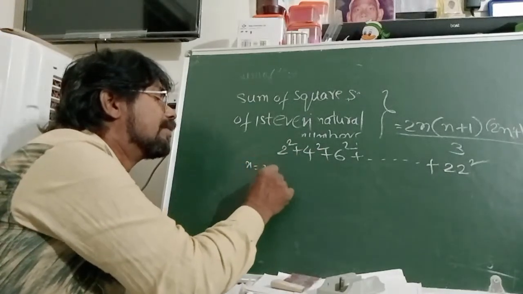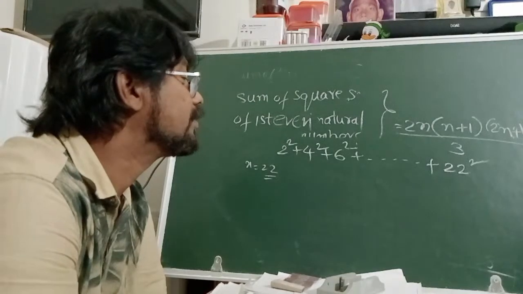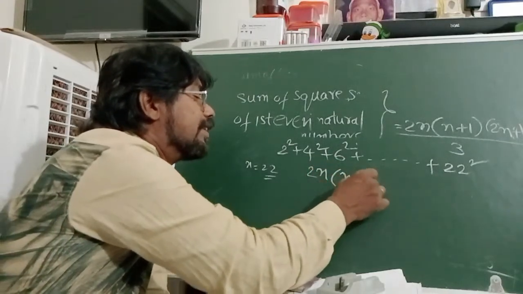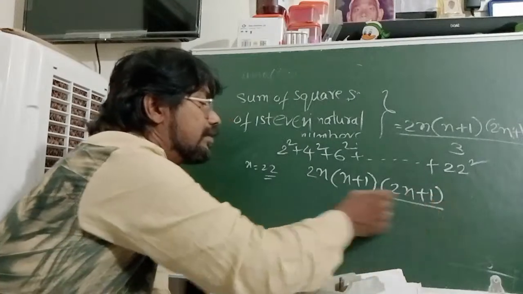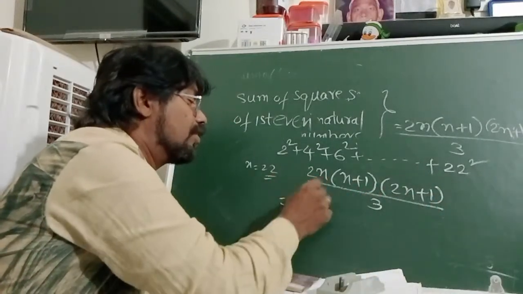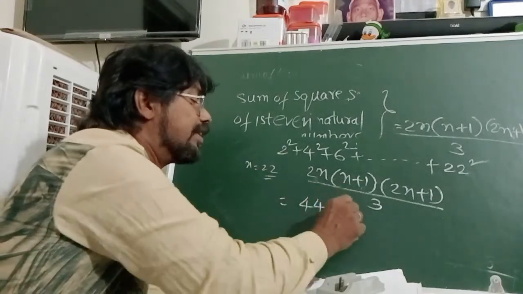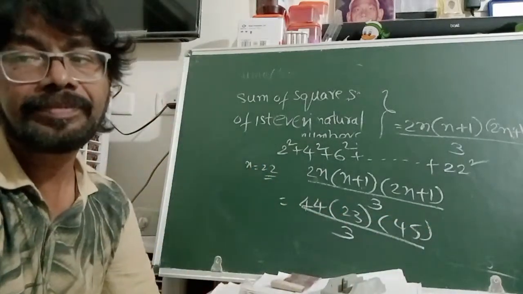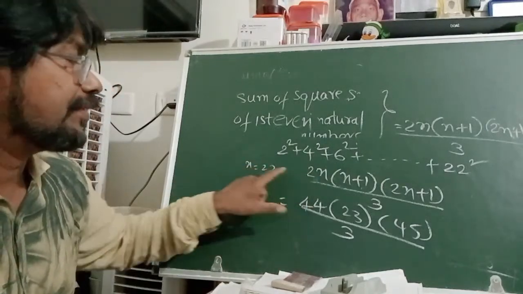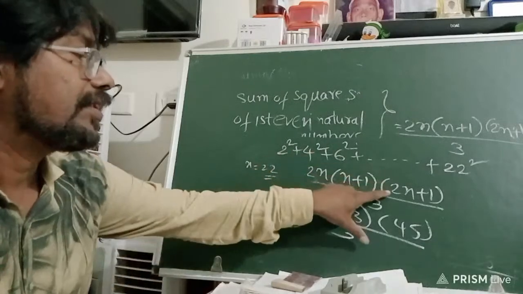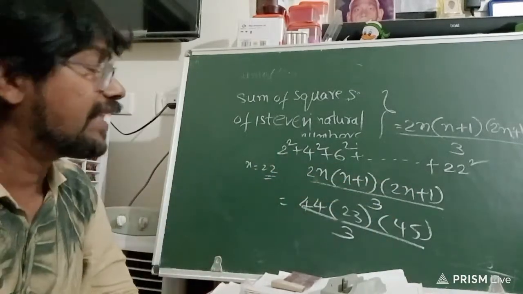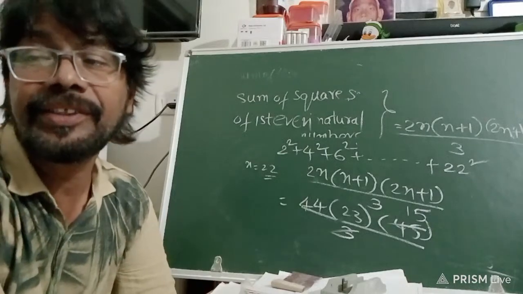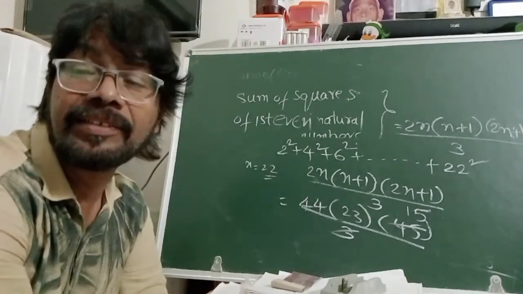So n is equal to 22. So 2n into n plus 1 into 2n plus 1 by 3 is equal to 44 into 23 into 45 by 3. 22 2s are 44, 22 plus 1 is 23, 44 plus 1 is 45, by 3. Do the cancellation; 15 times remains. So multiply 44 into 23 into 15, and that is the answer.